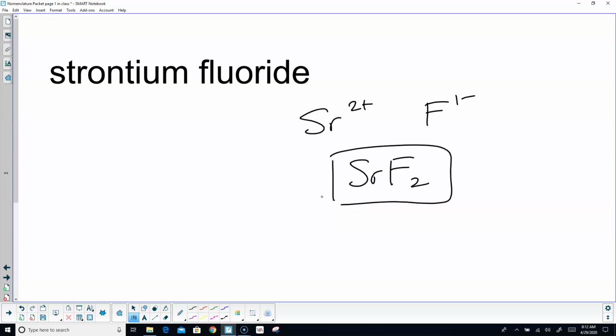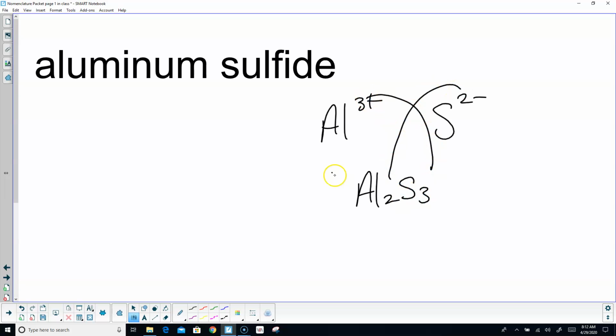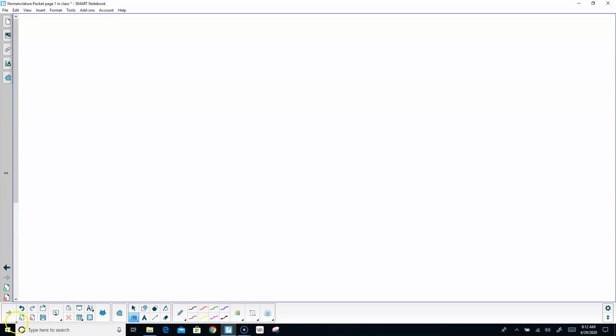SrF2. Aluminum sulfide. Aluminum is always 3 plus. Sulfur is 2 minus. Al2S3. 3 goes there, 2 goes there. We cross them. Calcium oxide. Calcium is 2 plus. Oxygen is 2 minus. They're equal and opposite. They reduce. CaO. And that's it for the first page.